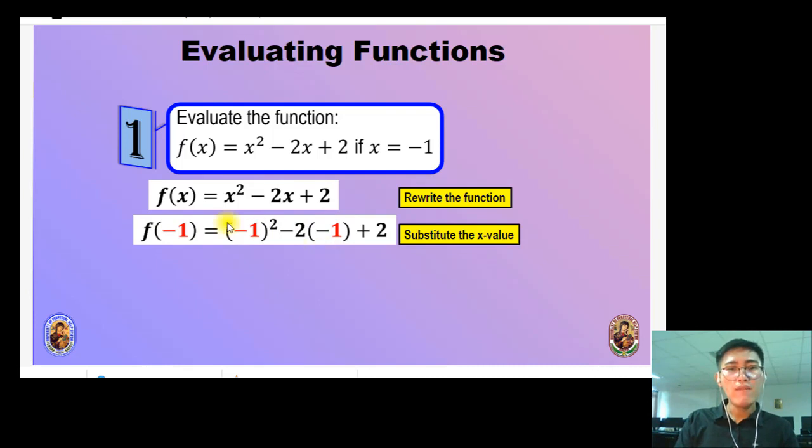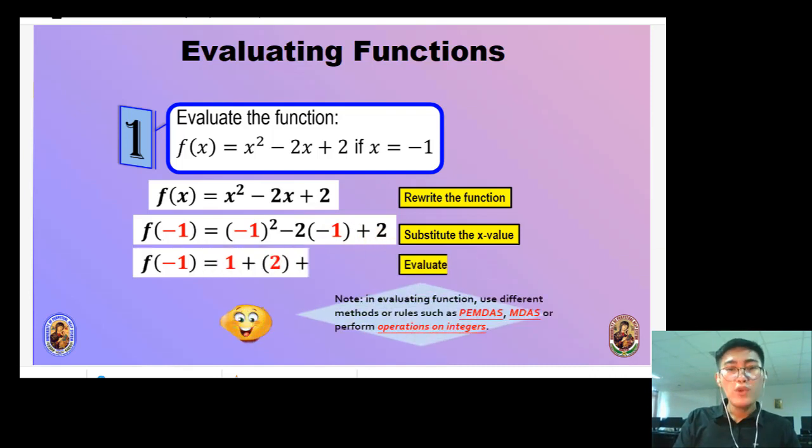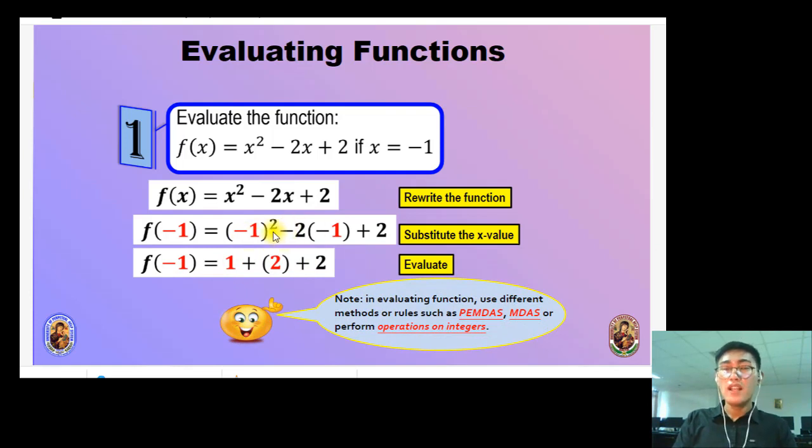That is negative 1, and negative 1 is squared. Do not forget to enclose it in parentheses when you are substituting. Okay, negative 2 times negative 1 plus 2. That is by substituting the x value. Next, we just operate on them. So what is negative 1 squared?